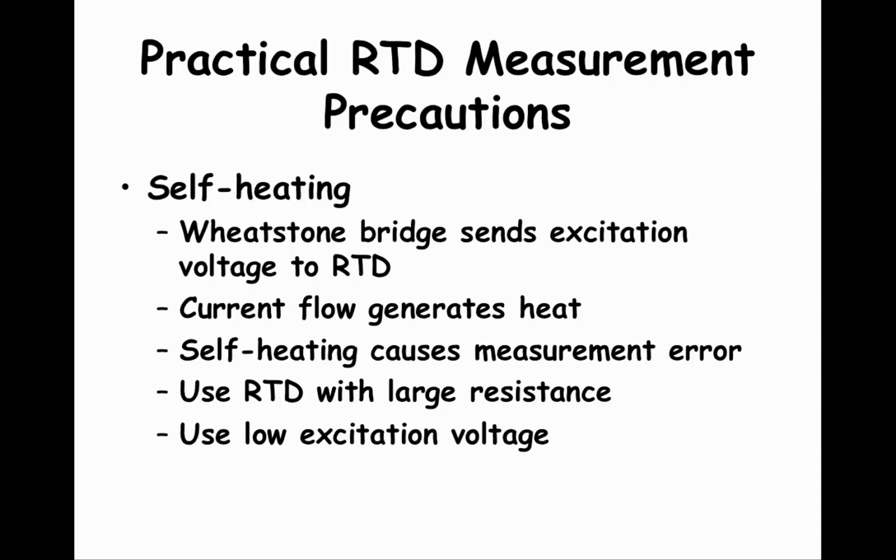When current flows through a resistance, it generates heat. If the current is generating heat inside a temperature sensor, the generated heat can cause measurement error. To manage self-heating, it is recommended to use an RTD with a large resistance and to use a low excitation voltage. With the large resistance and low excitation voltage, less heat is generated.